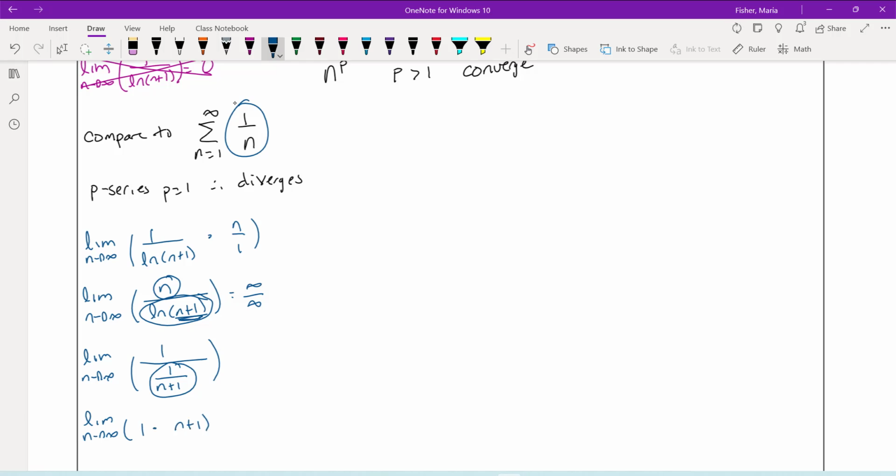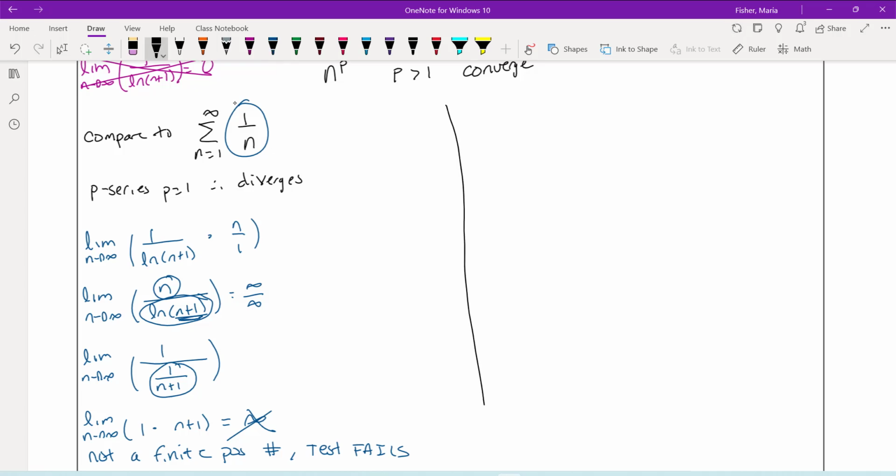So we're looking at the limit as n goes to infinity of 1 times n plus 1, which is equal to infinity. This is not a finite positive number. So my test fails. I cannot use a limit comparison test here because I don't end up with a finite positive number.